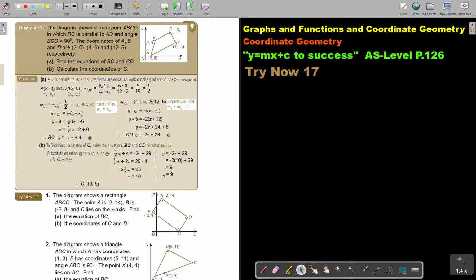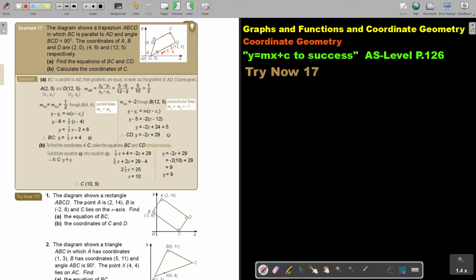So BC and CD. BC is parallel to AD, so I can find the gradient. If I know this gradient, that will be the same as that gradient. So the gradients are equal. Work out the gradient of AD because you have 2 points there. If I work it out, I get a half.